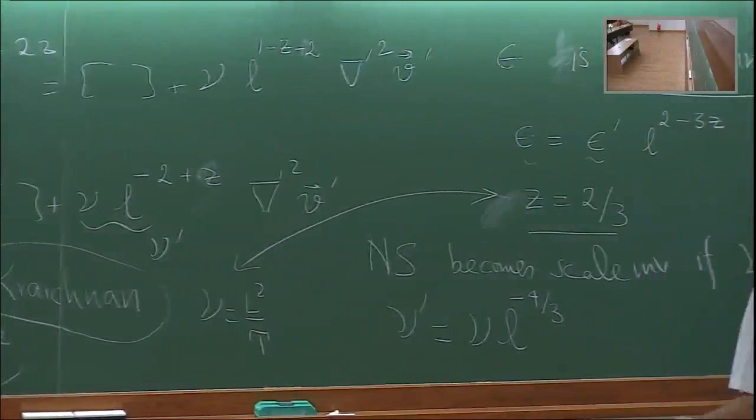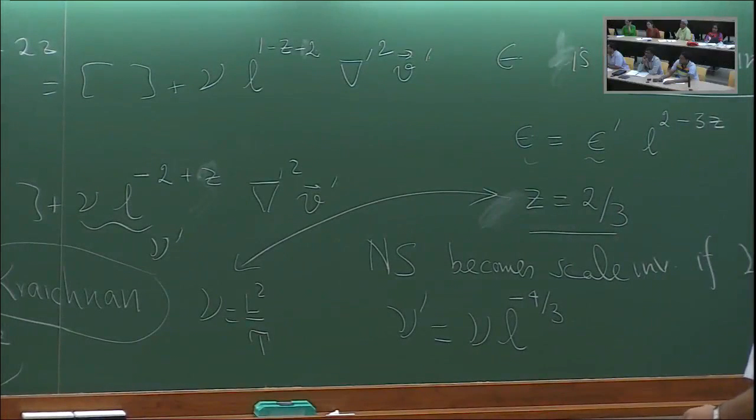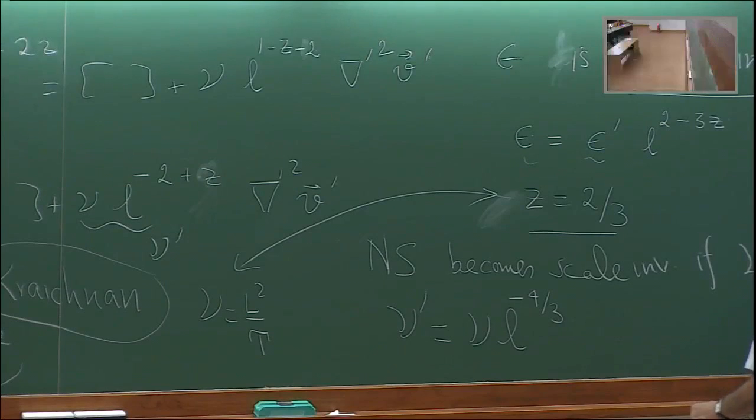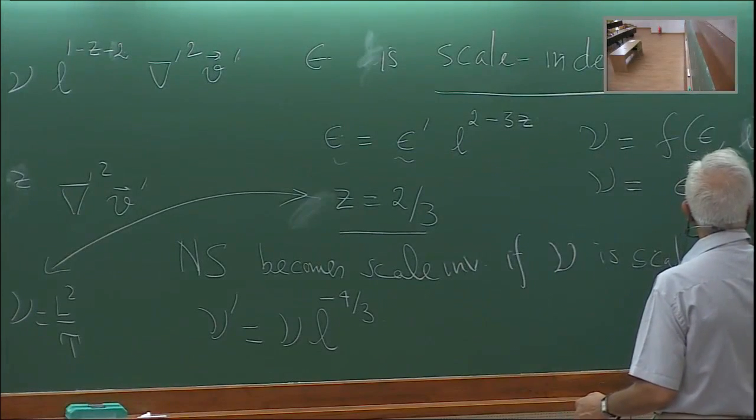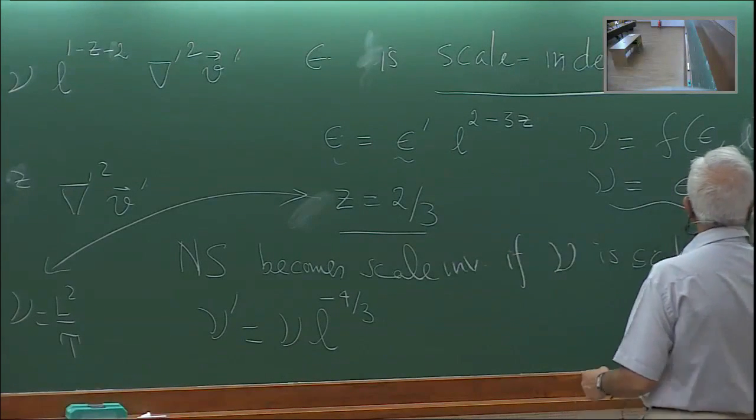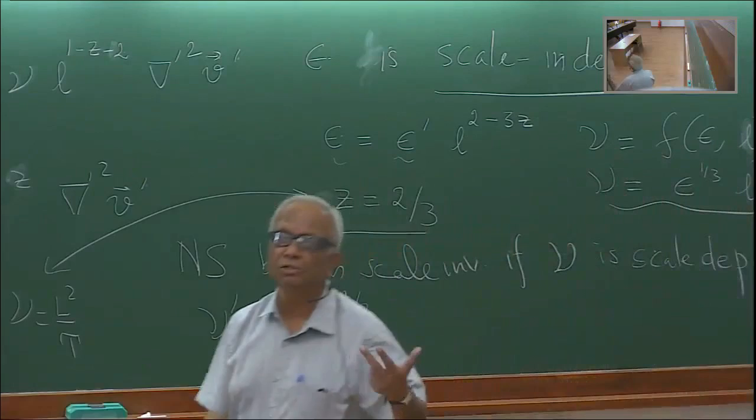Nu would be determined by epsilon and K or L, which is the scale, and nu is equal to epsilon to the power 1/3, L to the power 4/3. That's the dimensional analysis of the viscosity.